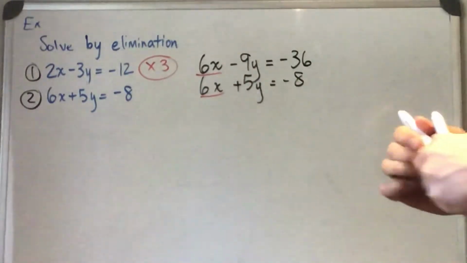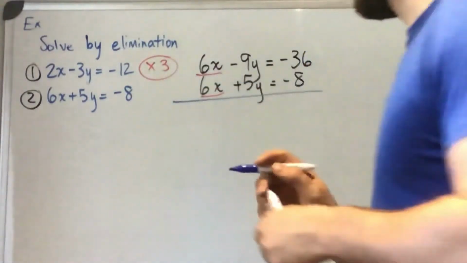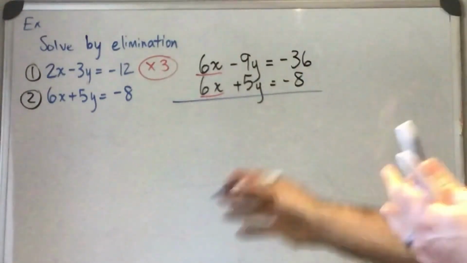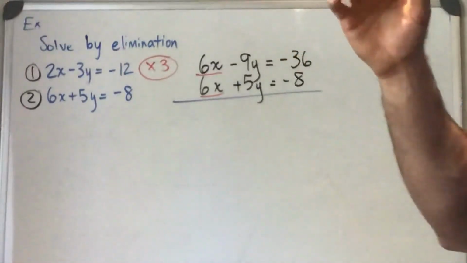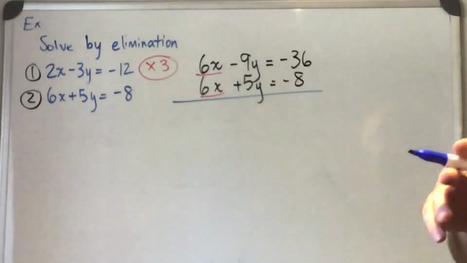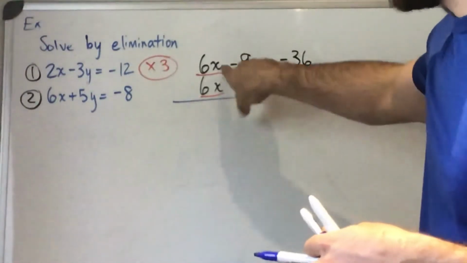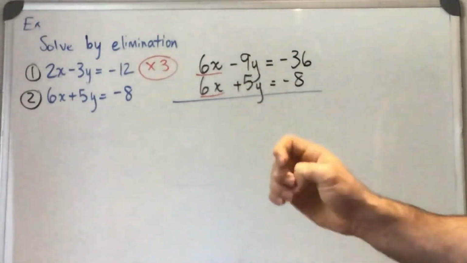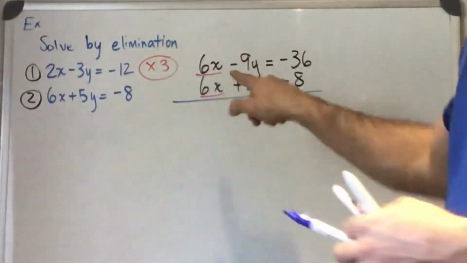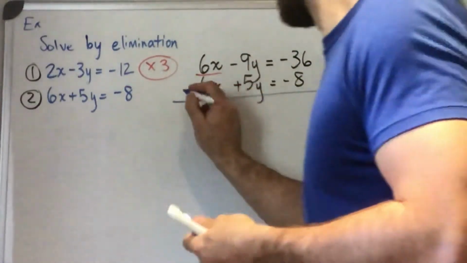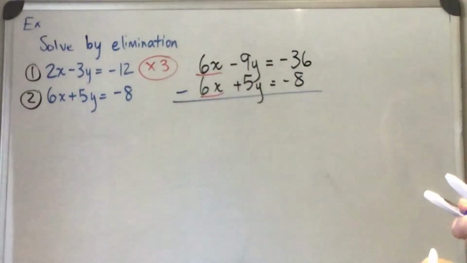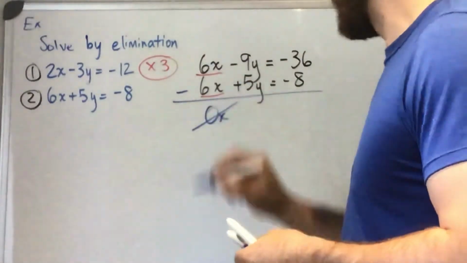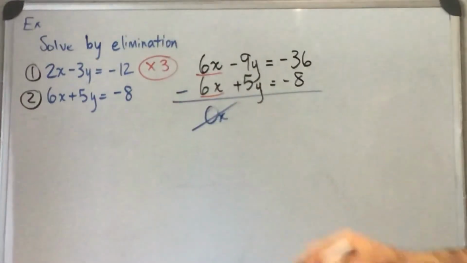We are going to choose whether we need to add or subtract these equations to make our x's coefficient equal to 0. If I were to add these two equations, 6x plus 6x, that would give me 12x. It's not helpful. I want to make it 0. So I need to subtract these two equations. So 6x minus 6x is 0x, which is nothing.